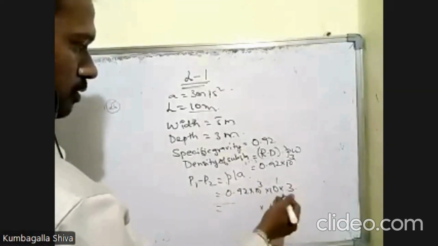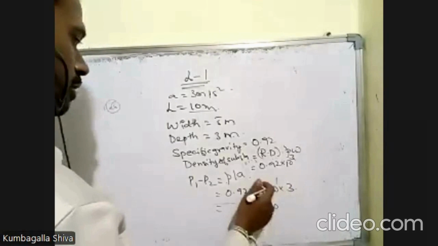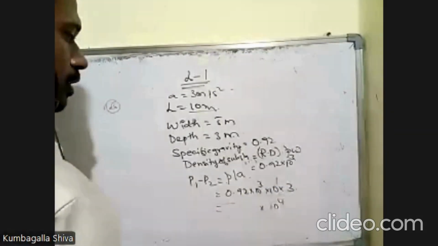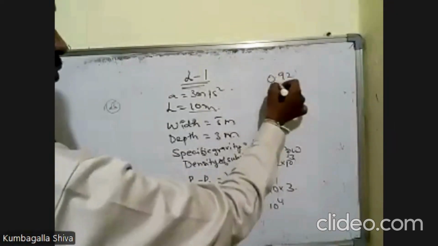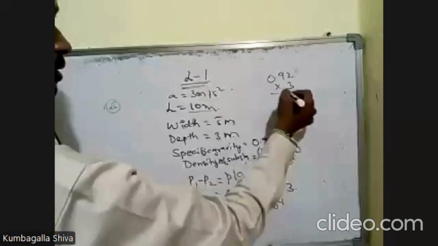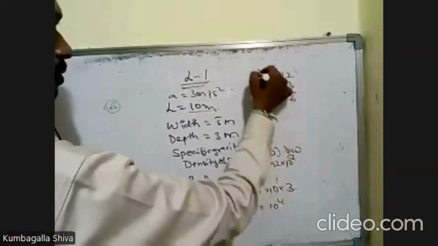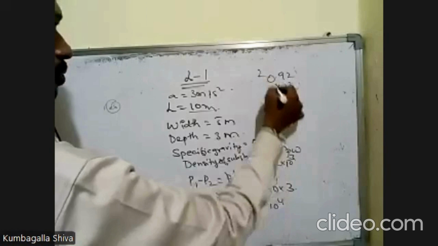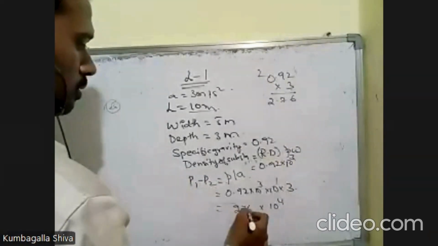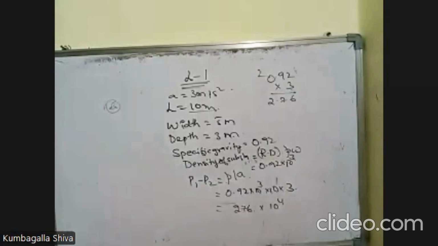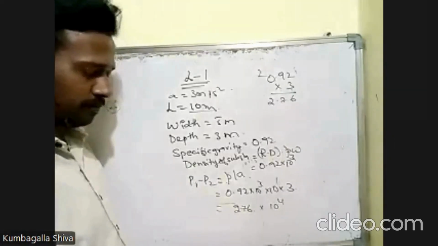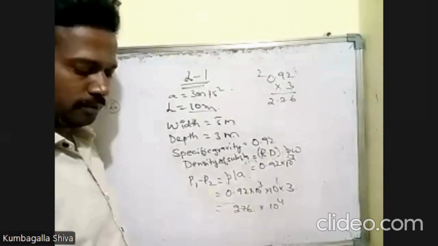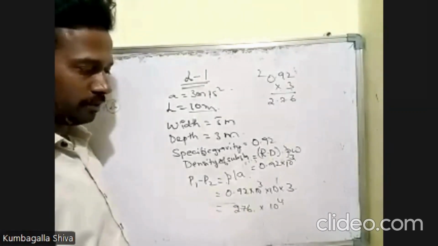0.92 into 3 is 2.76. We got 2.76 into 10 power 4. But they have given the options in terms of kilopascals.